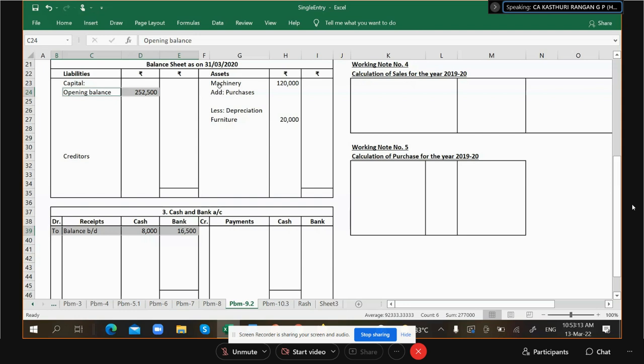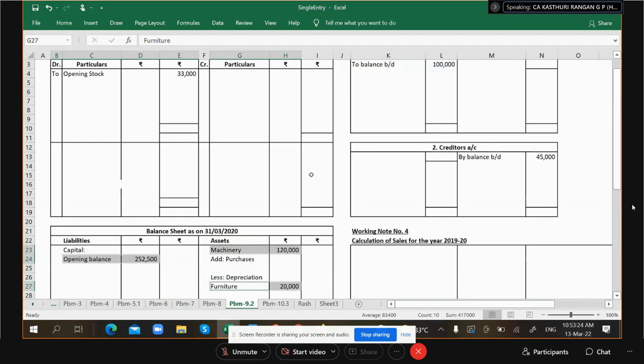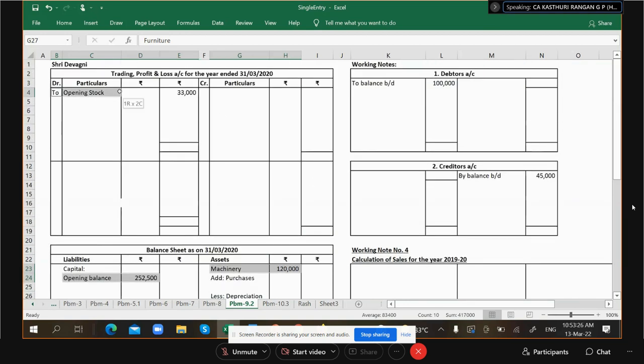Capital in the balance sheet, machinery, furniture in the balance sheet, cash and bank in the cash and bank account, opening stock in the trading account, debtors in the debtors account, creditors in the creditors account.